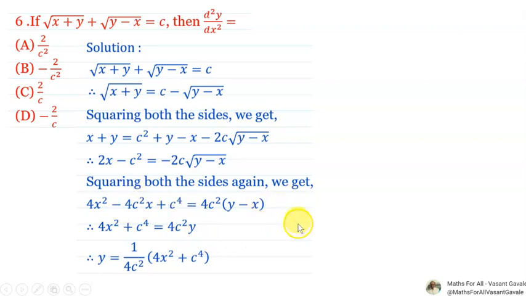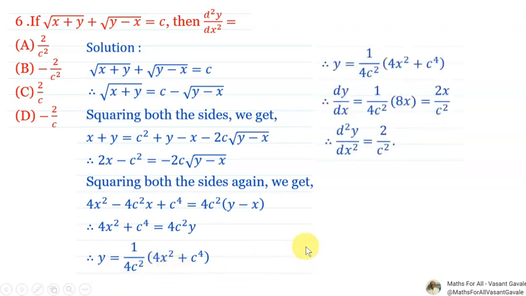Right hand side ला same term मिळतात, that will get cancelled, म्हणजेच right hand side ला काय राहणार 4c square into y. Okay, and therefore y is equals to 4c square इथे मल्टिप्लाइड आहे, या साइडला आल्यानंतर तो डिवाइड होणार, therefore y is equals to 1 upon 4c square in bracket 4x square plus c raised to 4. This is the y in terms of c and x.